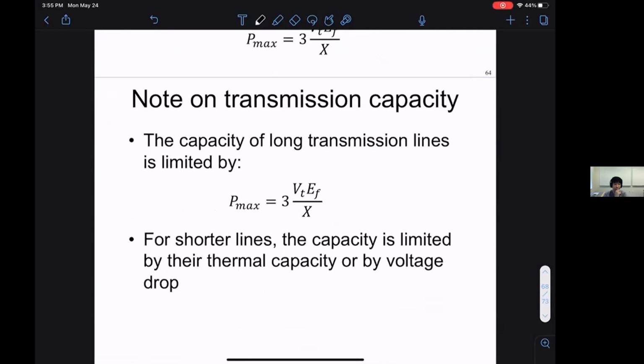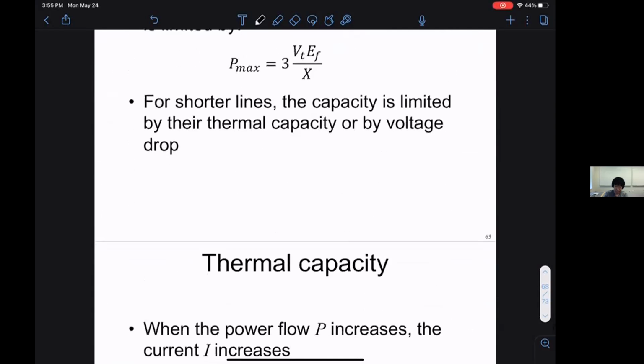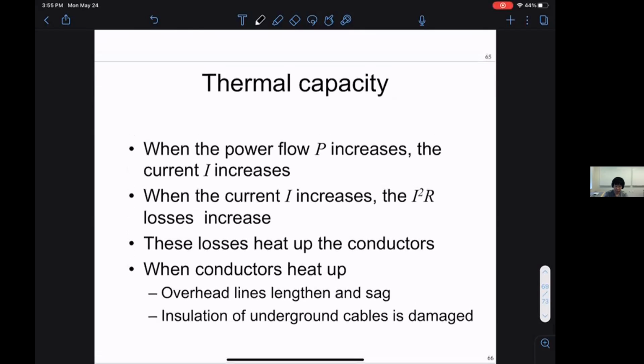The reason it comes up is somewhat different in different cases. For a short transmission line, you don't want too much power to flow, because more power means more current. More current means you heat up, with I squared R losses. These losses are heat on the conductor.